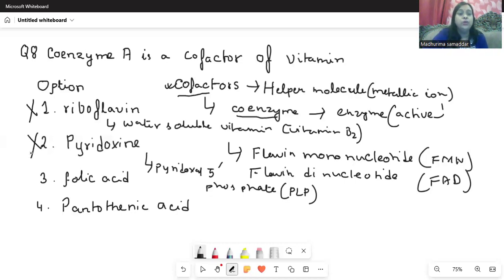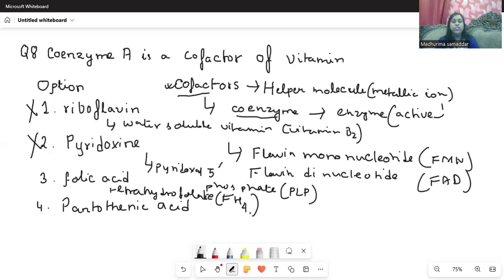Let us go to the third option, that is folic acid. Now, what is the active form of folic acid? Tetrahydrofolate, FH4.